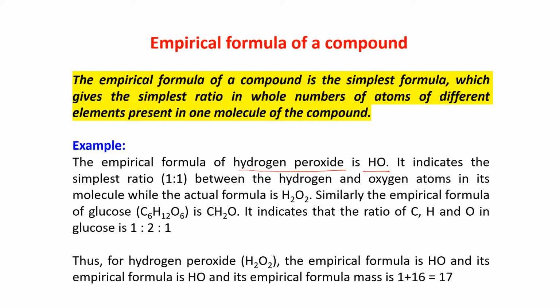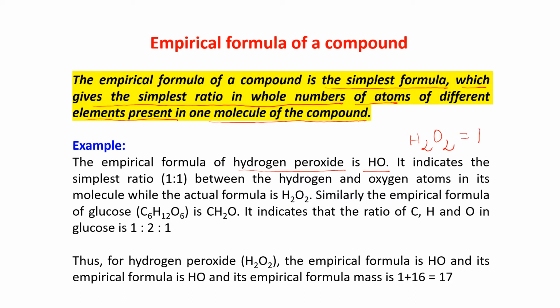Why? Because the molecular formula of hydrogen peroxide is H2O2. Now it is said that the empirical formula of a compound is the simplest formula which gives the simplest ratio in whole numbers of atoms of different element present in one molecule of the compound. So if I find the simplest ratio of it, the 2 and 2 will get cancelled.